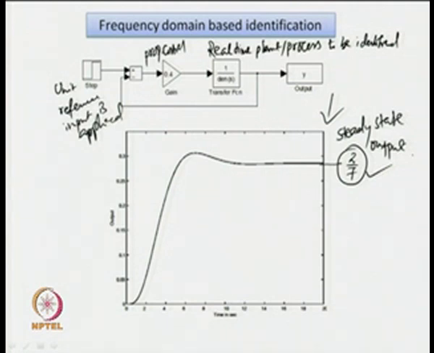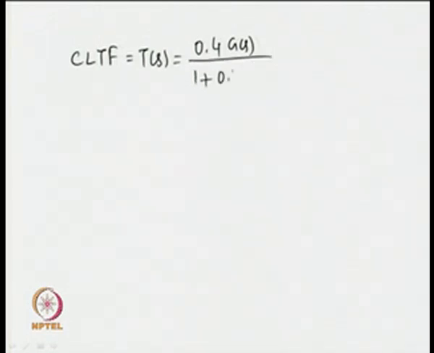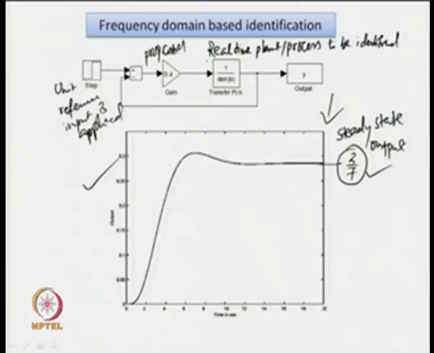Now, what do we get from this output response of the closed loop system when a proportional controller with gain 0.4 is put? One can do some simple analysis. We know that the closed loop transfer function can be written as T s is equal to 0.4 G s upon 1 plus 0.4 G s, where the dynamics of the real time process is assumed to be G s in frequency domain.